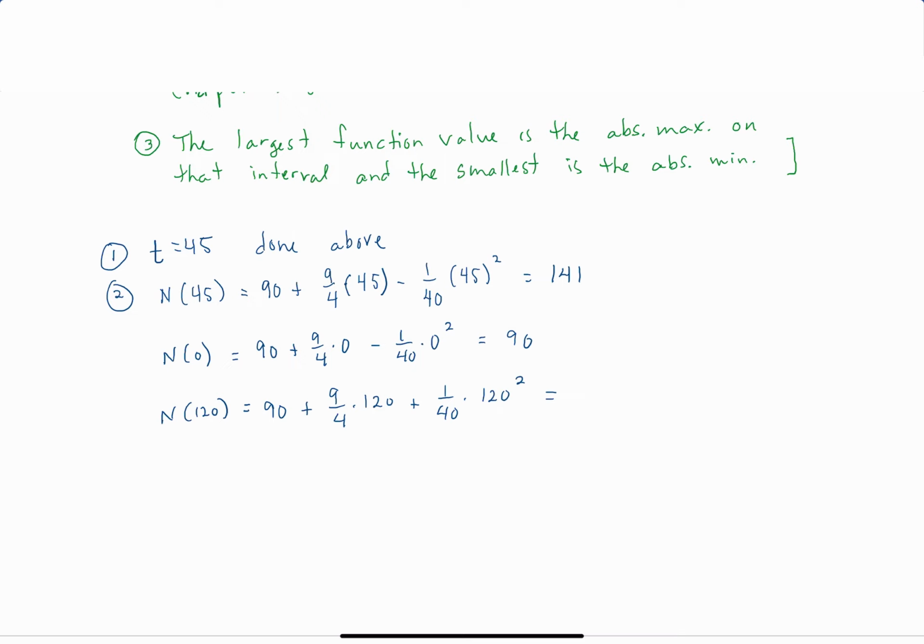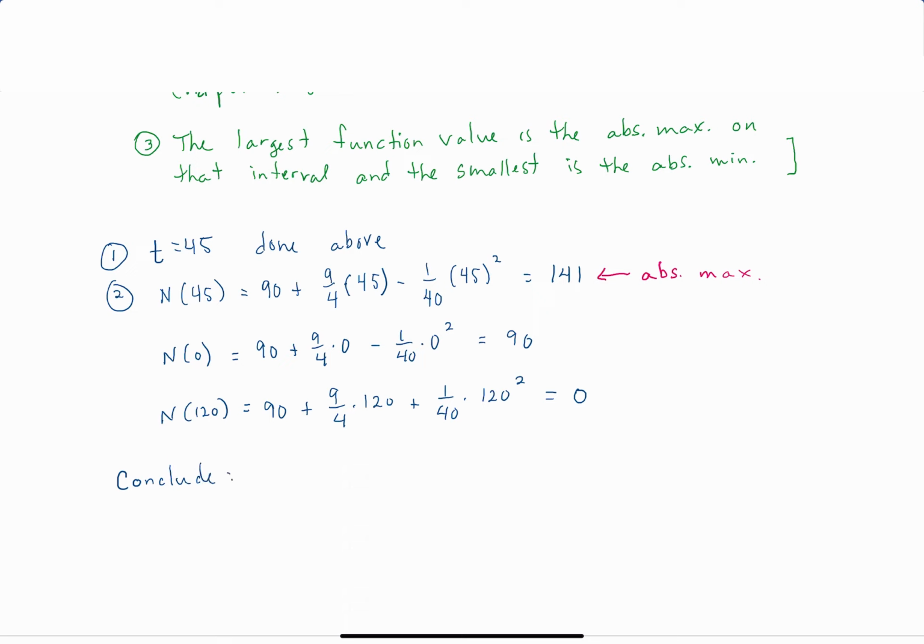And I'm getting 0 people with the flu at day 120. So we can see that the absolute max, which is what we're being asked for in this problem, is the number 141.